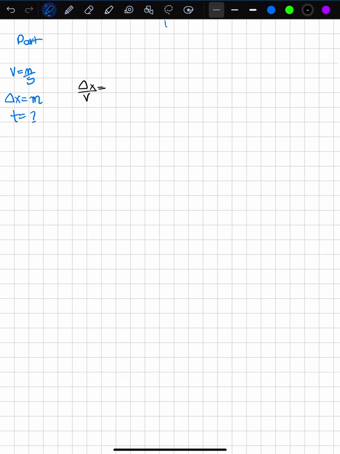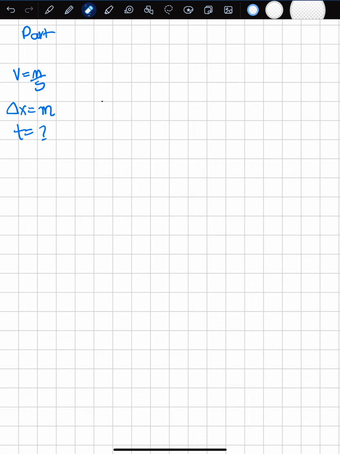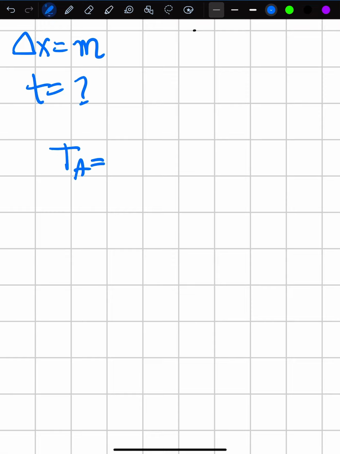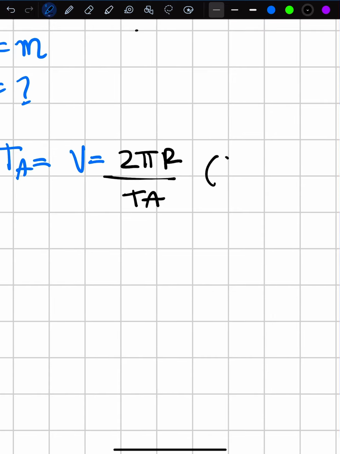They're asking us for the ratio, so we need to find the period for both of them, for object A first and then for object B. So let's find the period for object A. We know that speed is the value that they gave us.